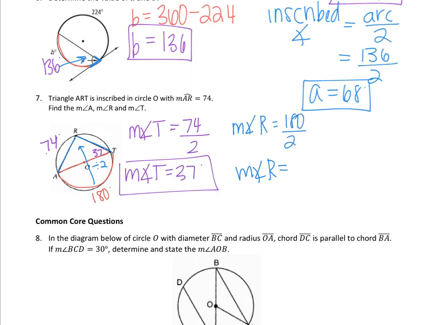180 divided by 2 gives you an angle that's 90 degrees. So now we have 90 degrees and 37 degrees in this little triangle called ART. And in this triangle, we now need to find the measure of angle A. If you recall from Unit 2, angles in a triangle sum to 180. So we have 90 plus 37 plus A equals 180.